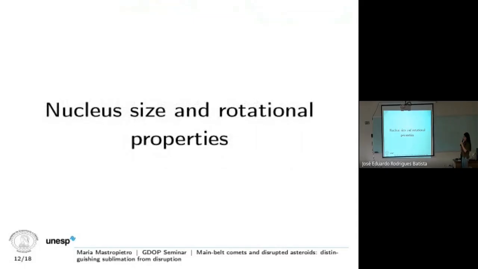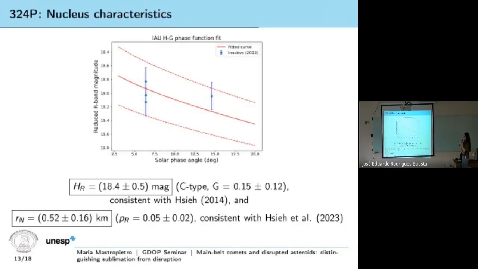Now let's look at the nucleus characteristics and rotational properties of these objects. For 324P, I used the images when it was inactive in 2013. I normalized the absolute magnitudes to unit heliocentric and geocentric distances, and fitted the HG fixed function, assuming a C-type object.